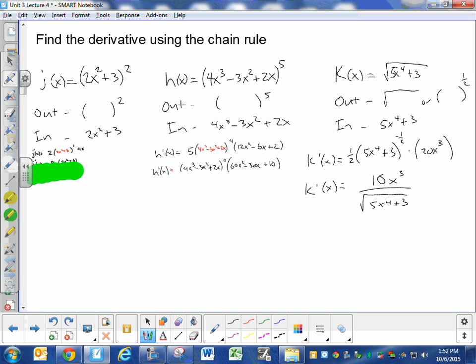Now, I will tell you, and I've told you in the past, that simplification usually is not that big of a deal, especially with the product and the quotient rule problems that you had for your homework. I find that when you are asked to simplify, it is typically with problems where you have to take the derivative using the chain rule.